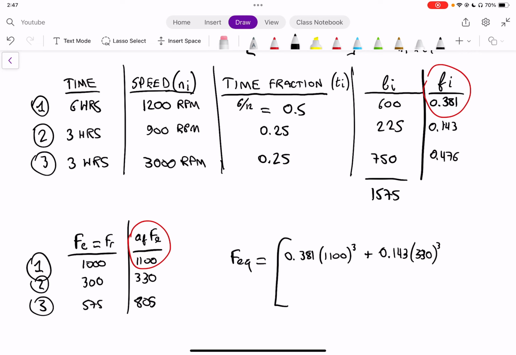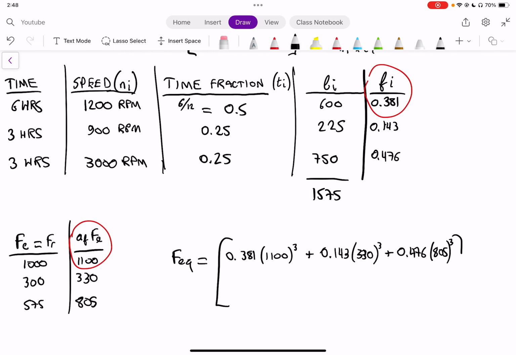Okay, so what we're essentially doing is saying the amount of revolutions that have been spent in step 1 is 38.1%. So we're doing 38.1% of 1,100 to the power of 3. Then we're doing 14.3% of 330 to the power of 3. And then finally, we're doing 0.476, which is the highest value of revolutions happening in the last 3 hours, multiplied by 805 to the power of 3.